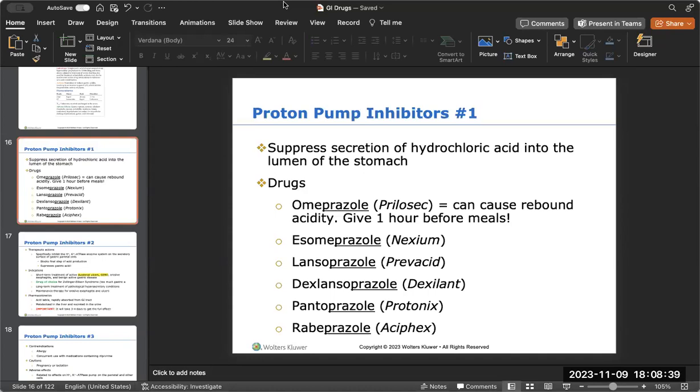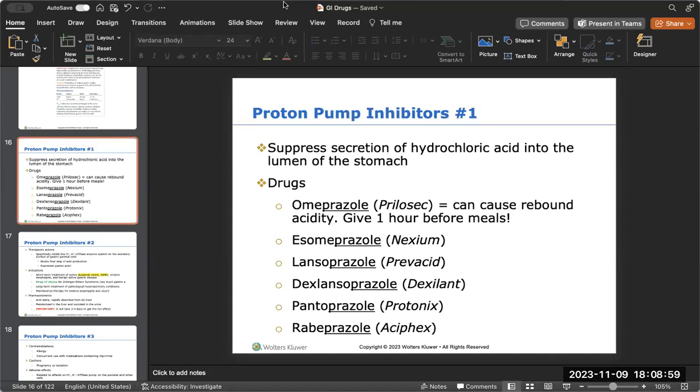So if we inhibit the pump, we suppress the secretion of hydrochloric acid in the stomach, therefore reducing that acidic environment. Examples of the drugs all end in prazole. So omeprazole, esomeprazole, lansoprazole, pantoprazole, you get the idea.